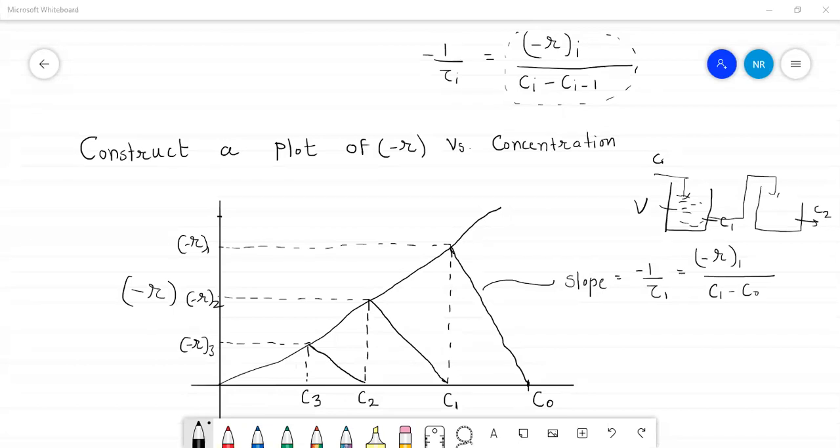Just one minute, I would like to show if we have any example regarding this.